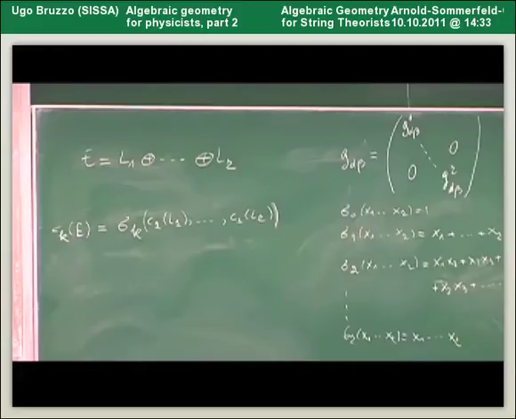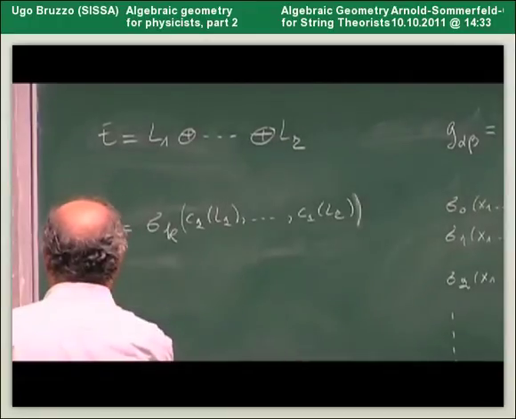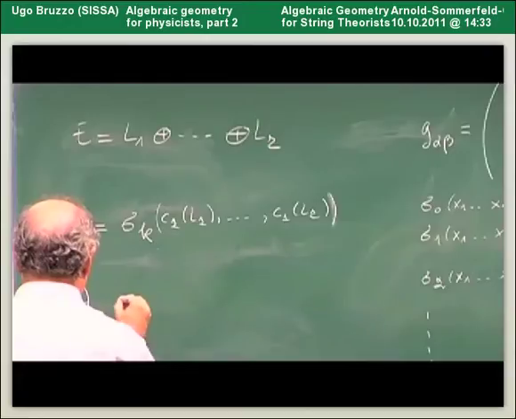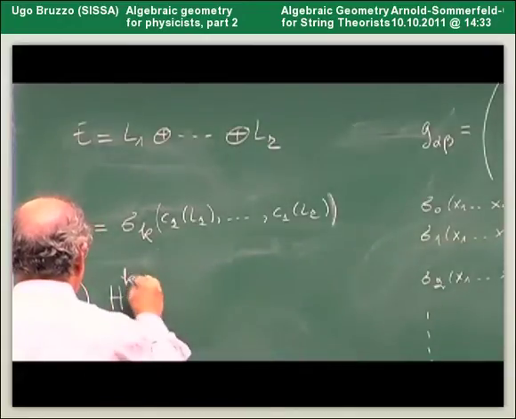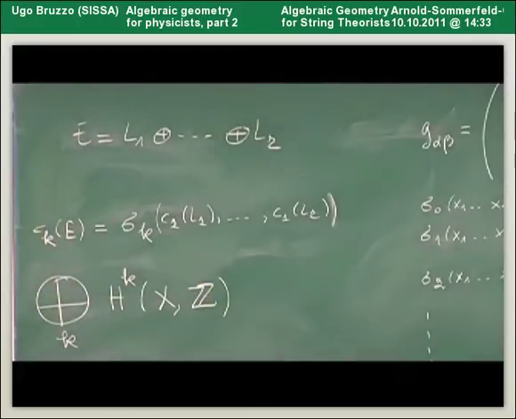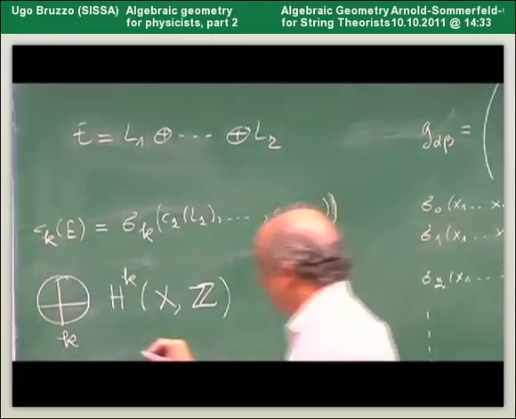Because of course I can sum elements in this group. But my point is that I can also multiply, because in particular, if I consider the direct sum over all values of these cohomology groups, this is a ring, in the sense that I also have a multiplication, which is called the cup product.